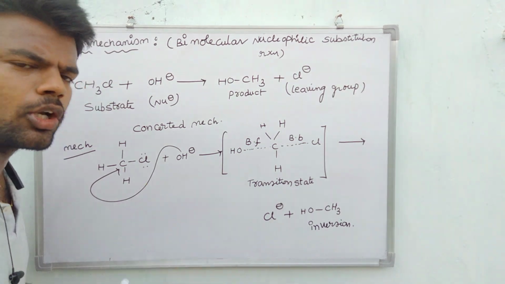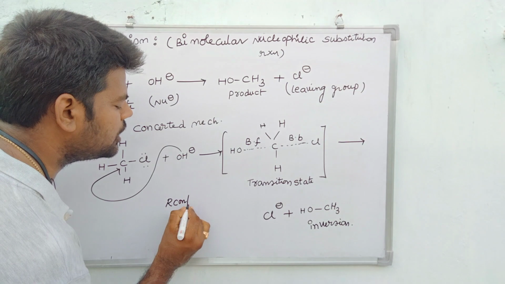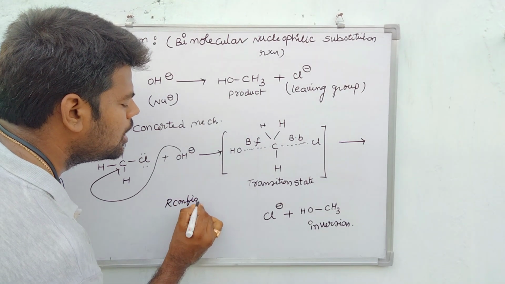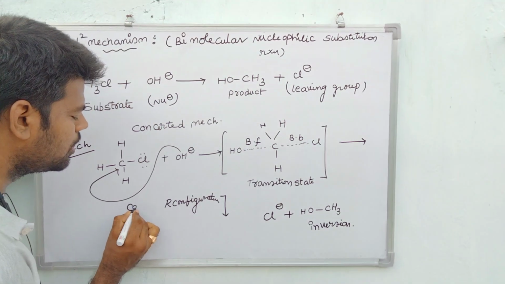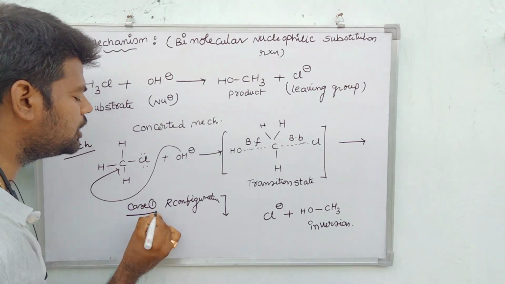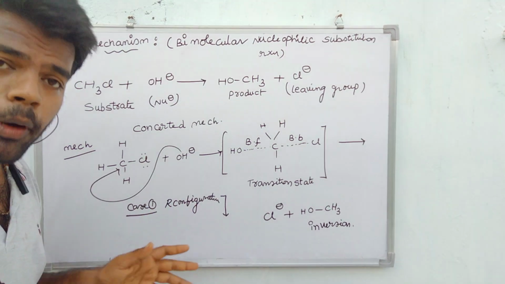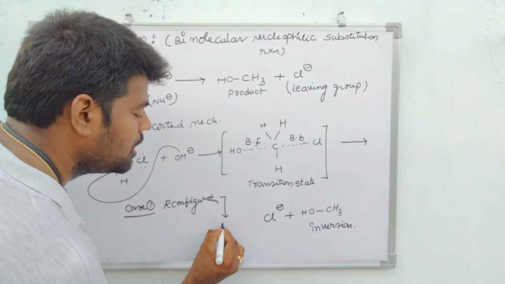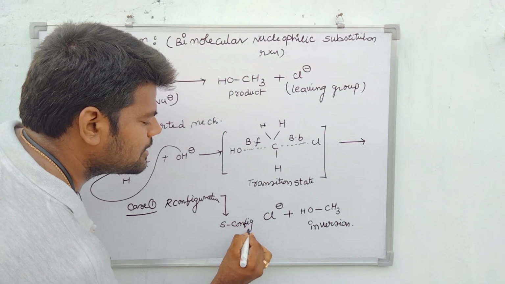That means reverse configuration. If the initial substrate we have taken has an R configuration, automatically the product after the SN2 mechanism will have the reverse configuration, that is, an S configuration.